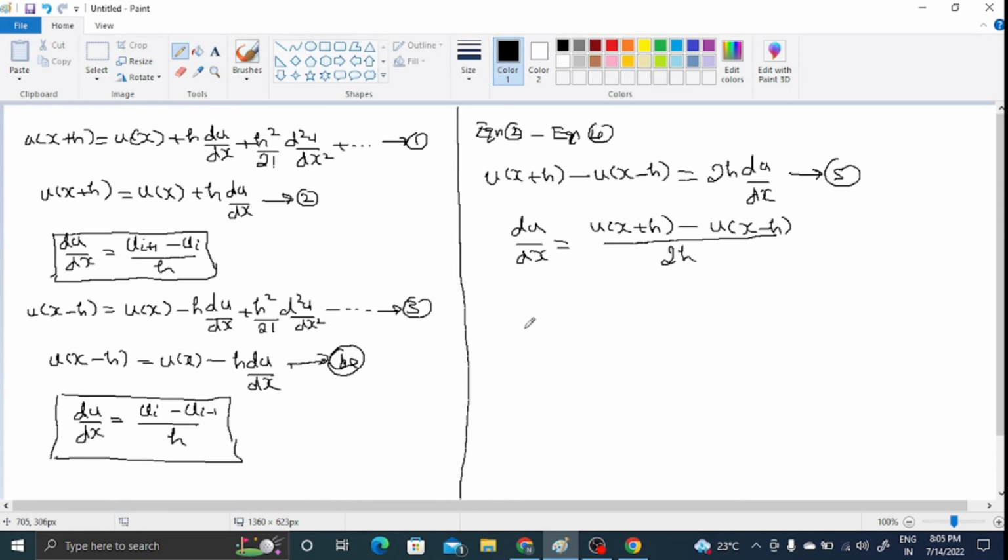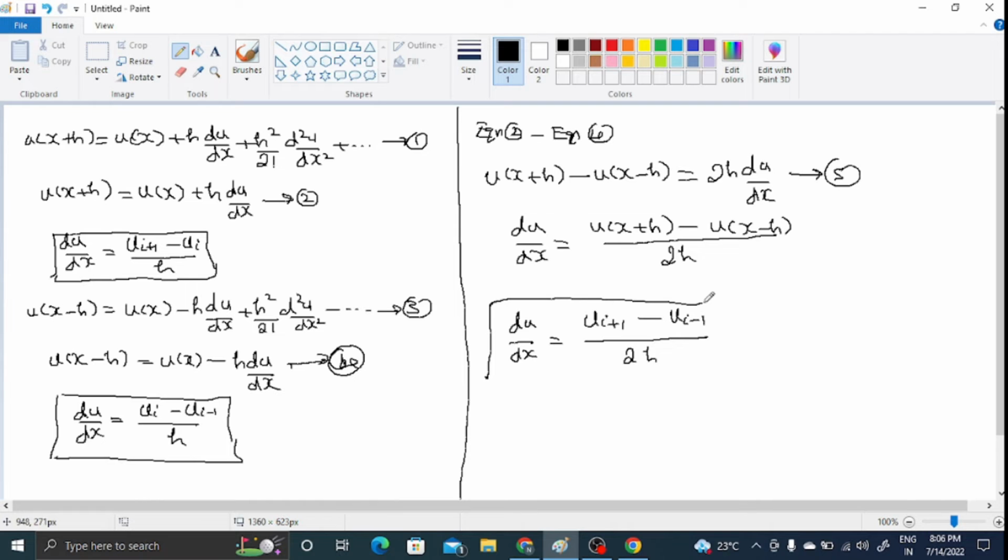So we can write du by dx is equal to the next point, ui plus 1, minus the previous point, u of i minus 1, divided by 2h.